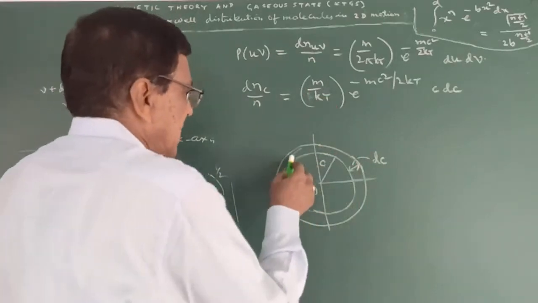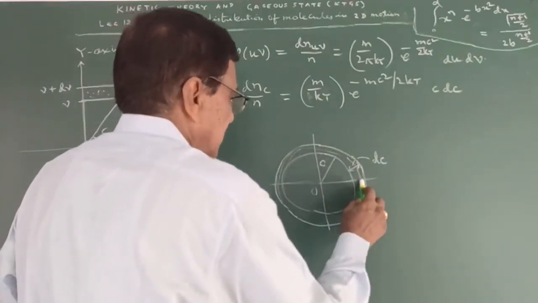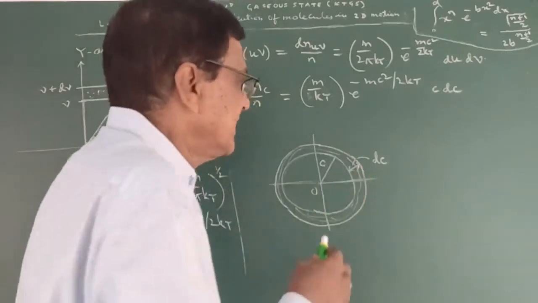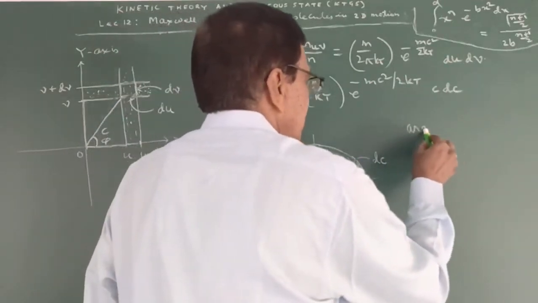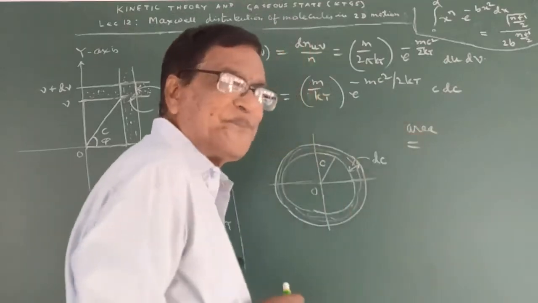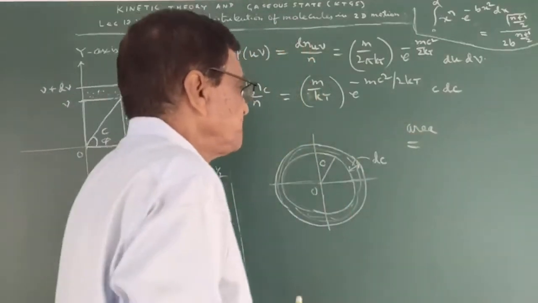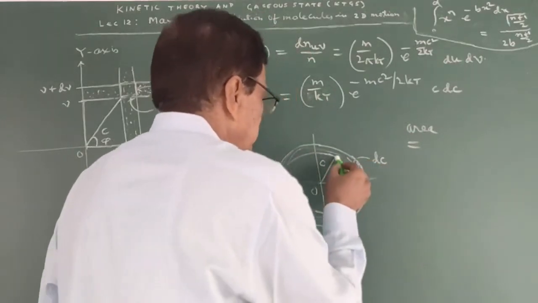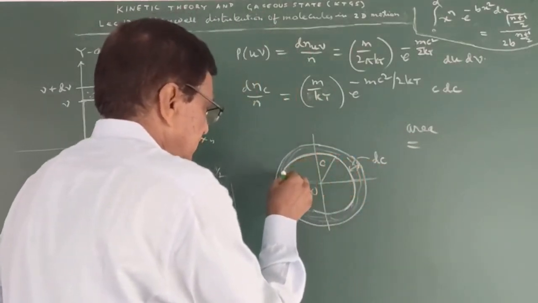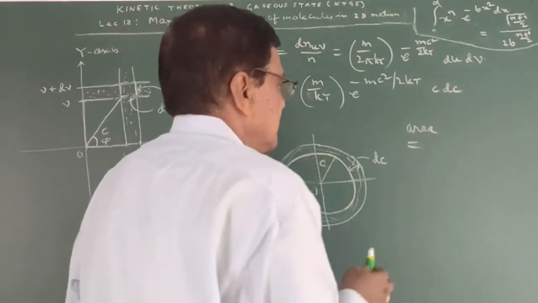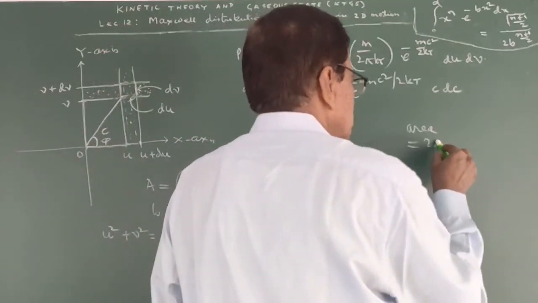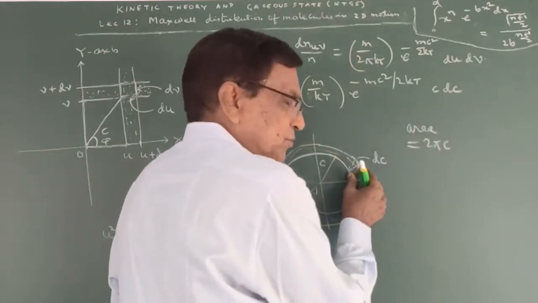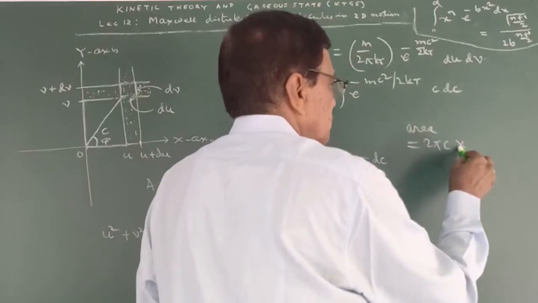So this area in polar coordinates, the circumference is twice pi c, circumference into the breadth will give you this area, into dc.